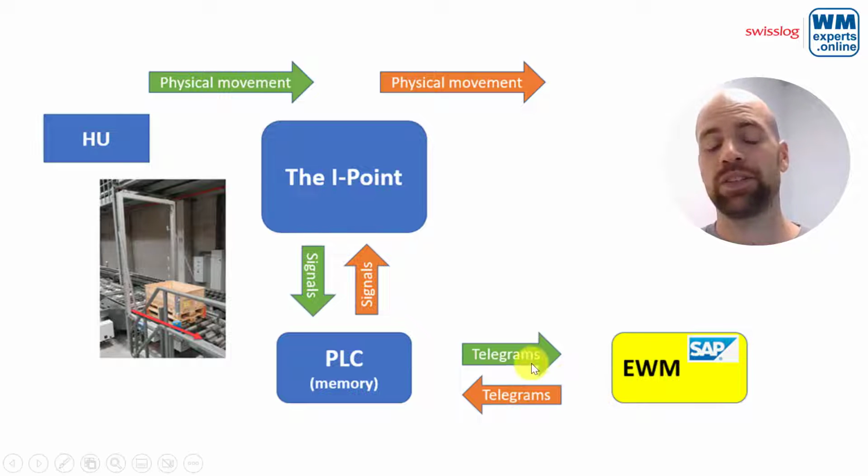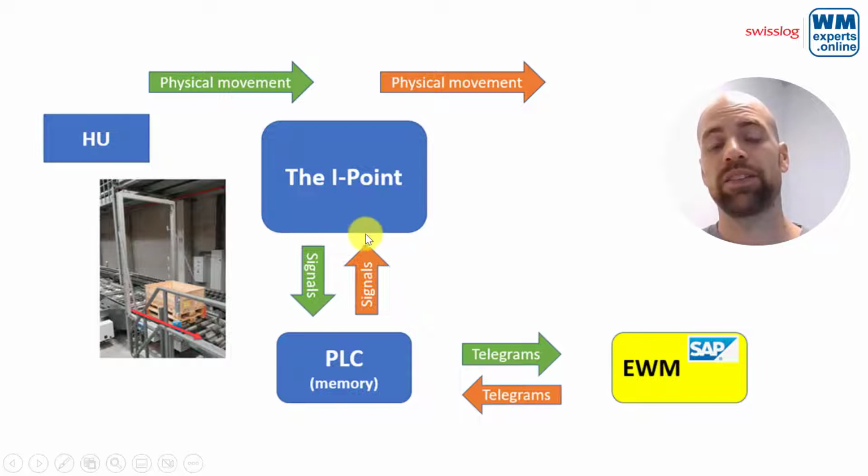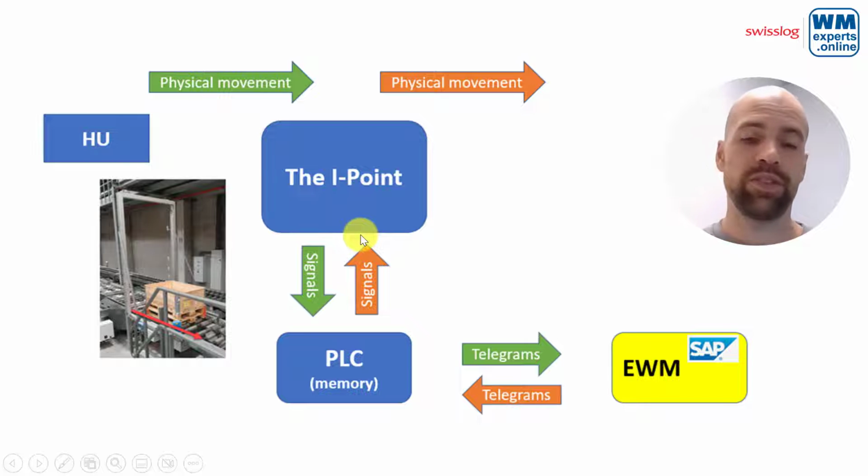And for this warehouse task, also sends a telegram to the subsystem. The PLC processes it in the memory, and then again sends signals to the physical sensors, motors, actors, whatever, that initiate a physical movement again.